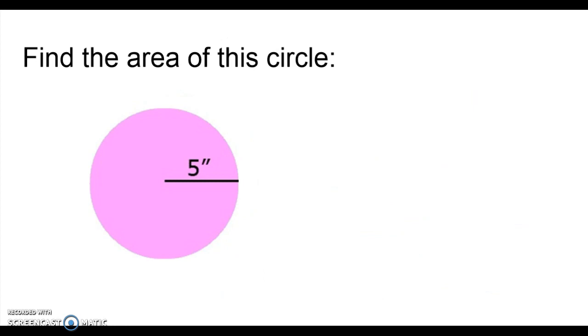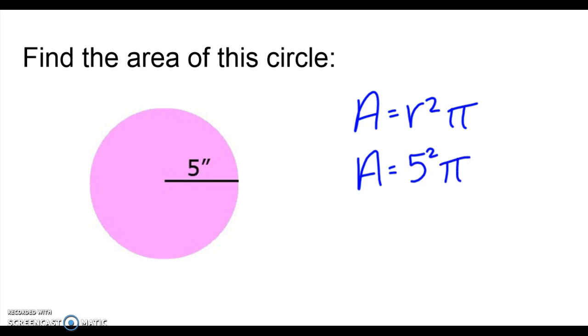All right, next, another one. This time we were given the radius. We weren't given the diameter, so that makes it a little easier for us. One less step we have to do. I plug in 5 for my radius, and end up with 5 squared times pi.